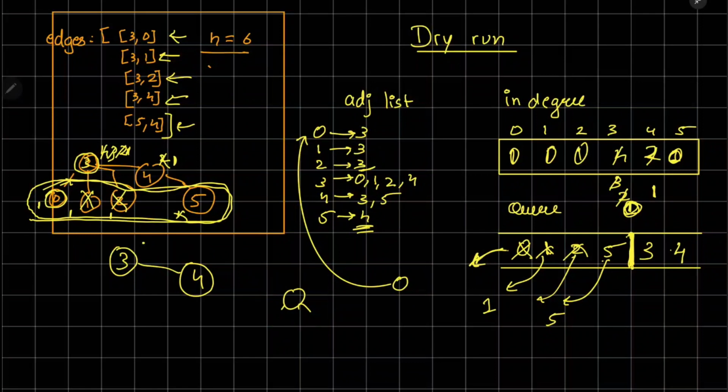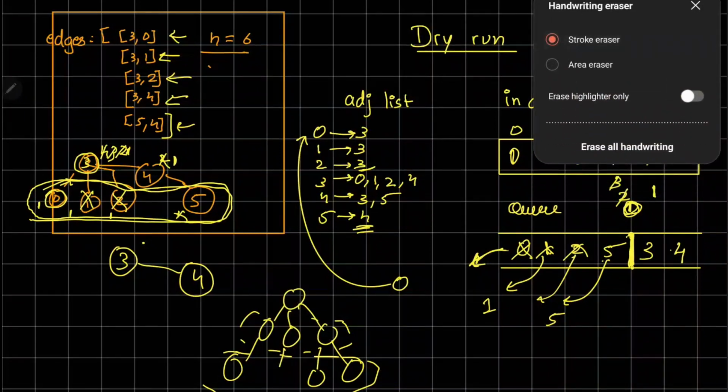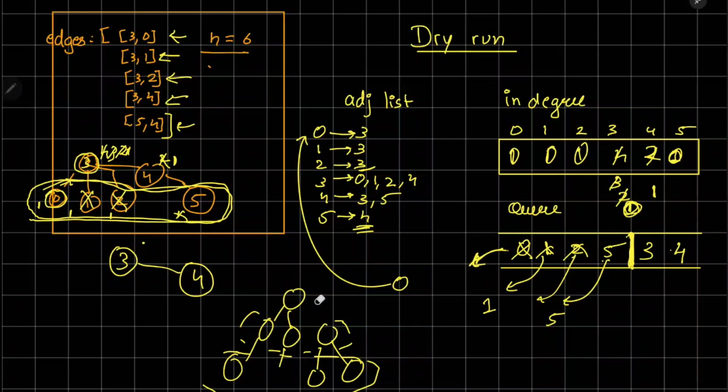But instead, let's say we had two such nodes, so let's say that we had another node. Now if you see the in degree, when you calculate the height, you will understand that these both will give us the minimum height.